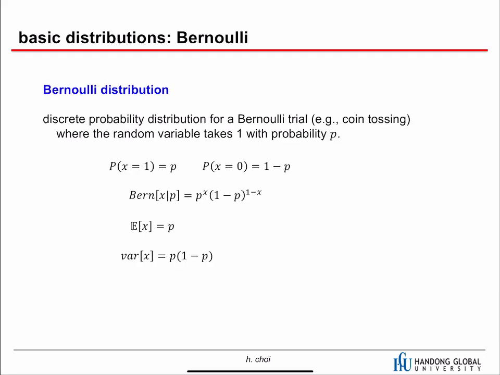Okay. And the next distribution is the Bernoulli distribution. It's a discrete probability distribution, like a coin tossing. So when we toss a coin, we have either head or tail, right?